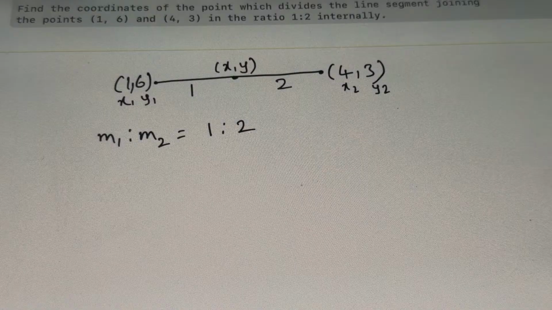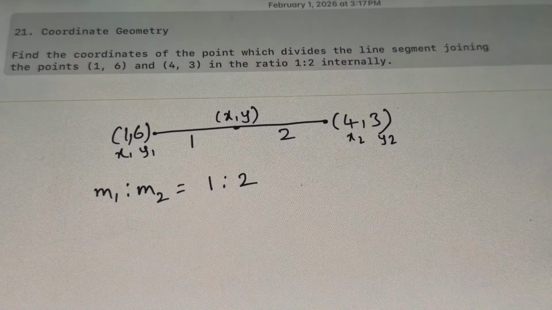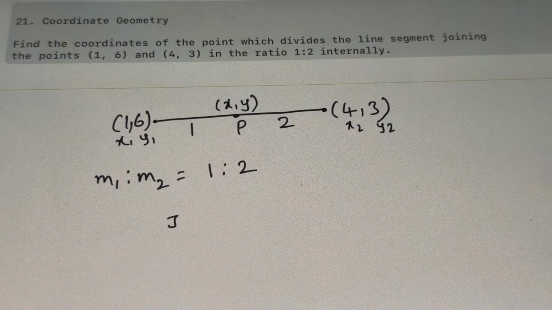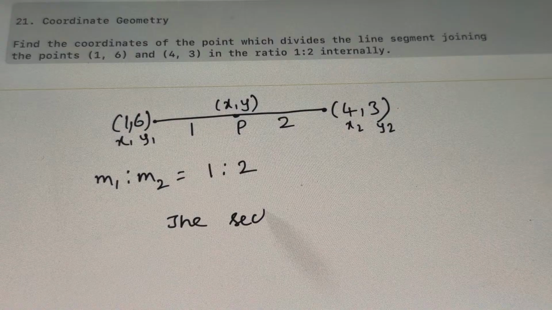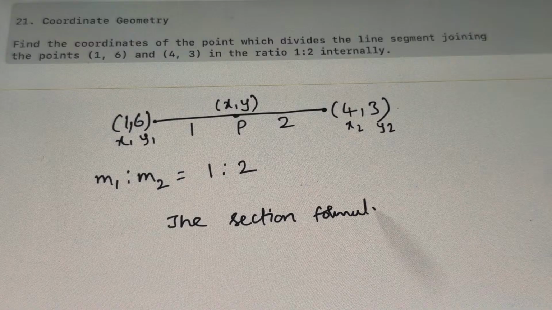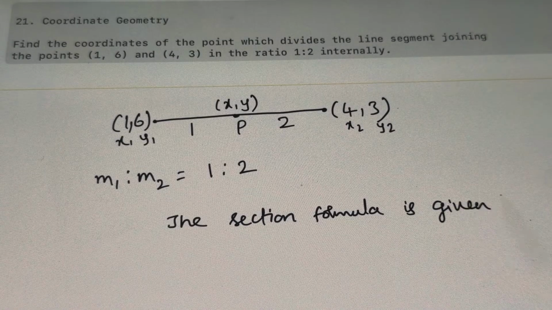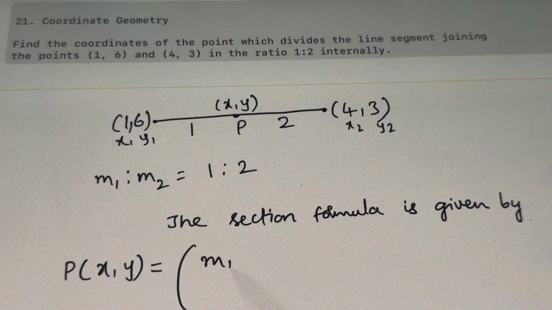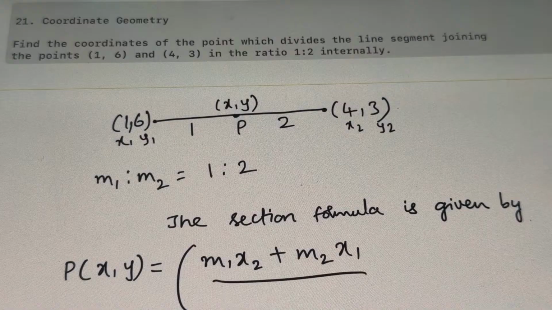So we can understand and observe easily that the formula to be used to calculate the coordinates of the points which are divided is the section formula. The section formula is given by, let us consider the point P. P of x comma y is equal to m1 into x2 plus m2 into x1 divided by m1 plus m2.